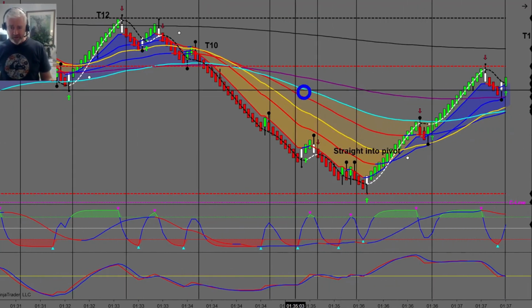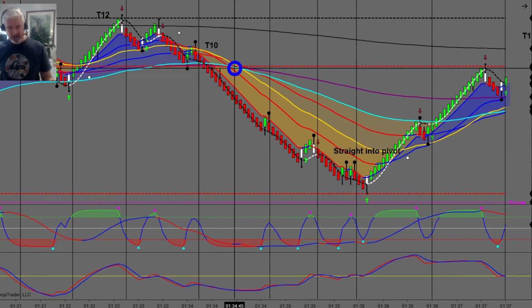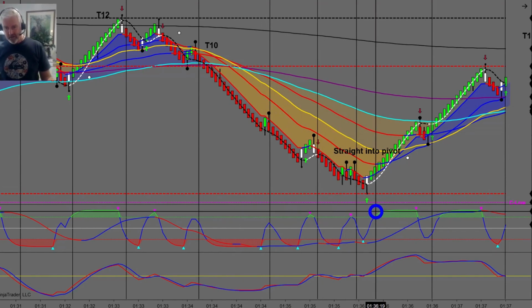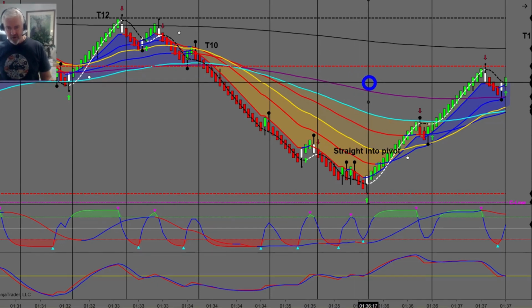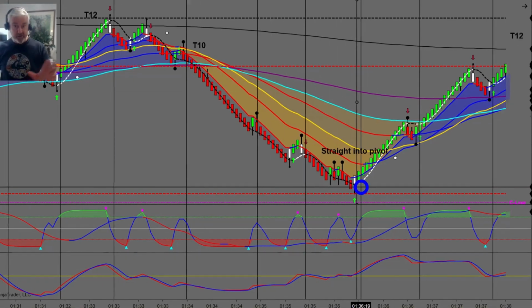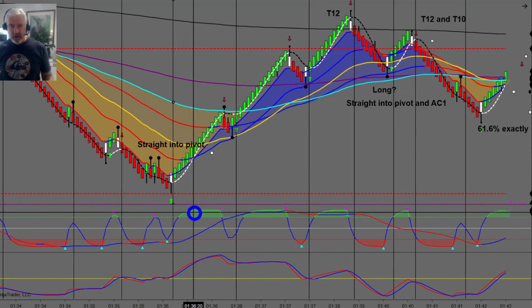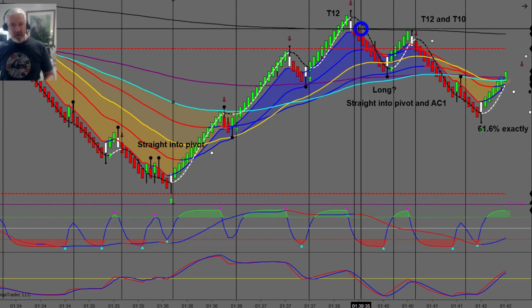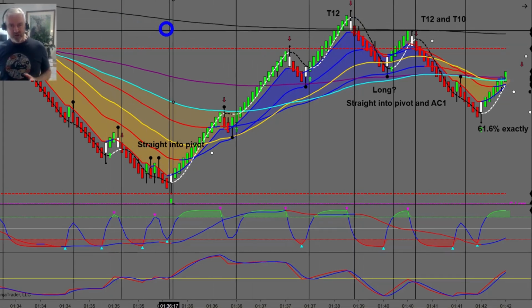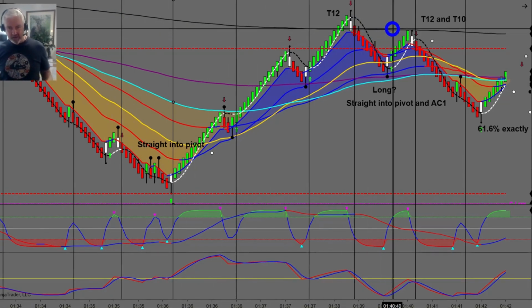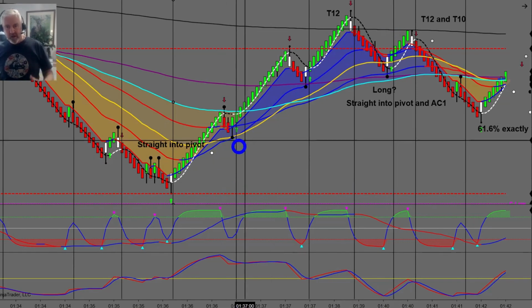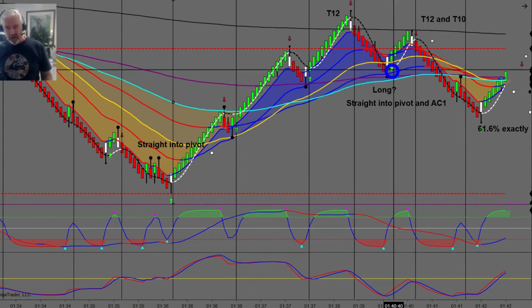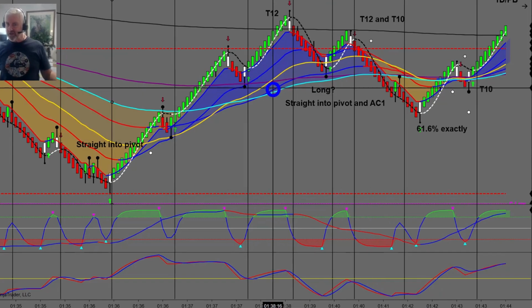Okay, straight down, but look what's happening here, straight into the pivot. And actually that should be right there, and that was if I was trading then. But then straight up, look what I'm bouncing off again. Now what I've discovered over years, there are certain EMA lengths on different time frames that we bounce off, just like clockwork.